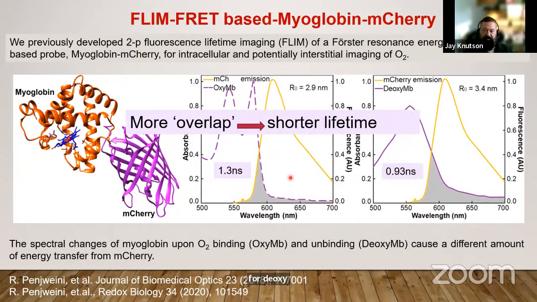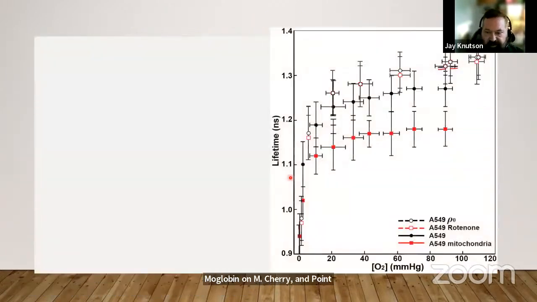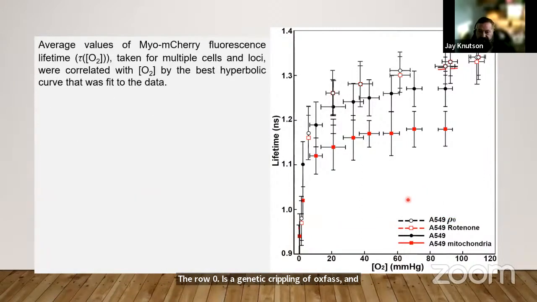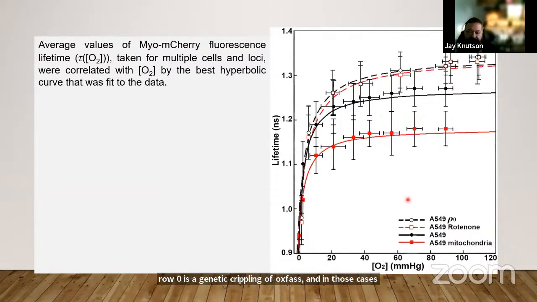And we see somewhere around 1.3 nanoseconds for oxymyoglobin on mCherry and 0.93 for deoxy. So just as Suman and Michelle mentioned, you can poison or otherwise, in this case, the rho 0 is a genetic crippling of OXPHOS. And in those cases, the hyperbolic binding curve for myoglobin reaches a maximum because there's no oxygen consumption in these cells.